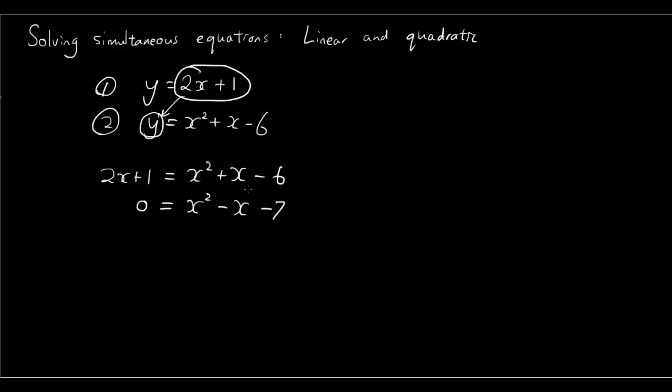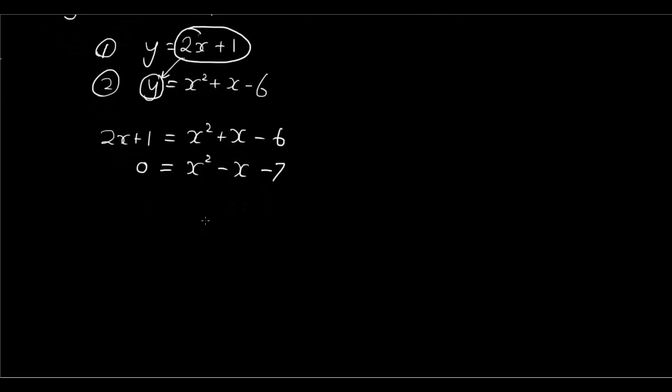because I have negative 6 minus 1. And now I'm going to use the quadratic formula, which says that when ax squared plus bx plus c is equal to 0, then x is equal to negative b plus or minus square root of b squared minus 4ac over 2a.